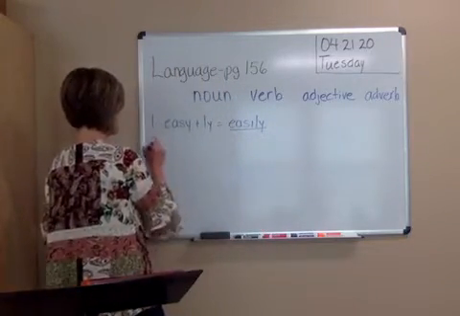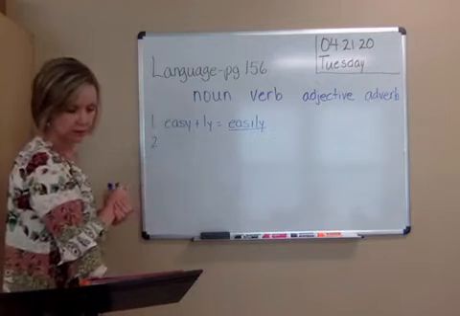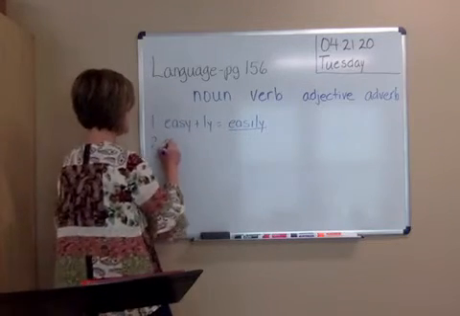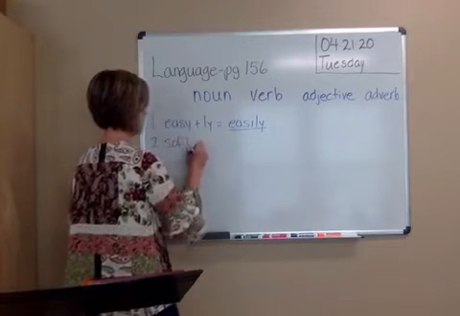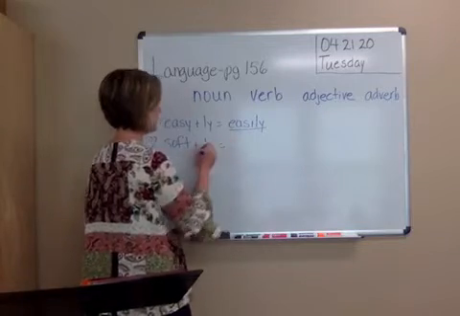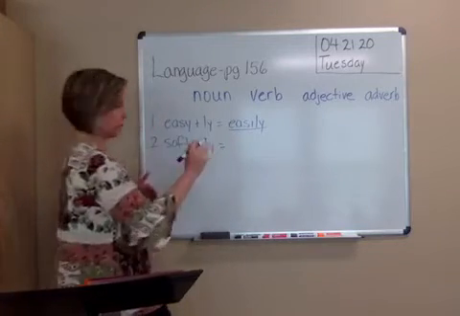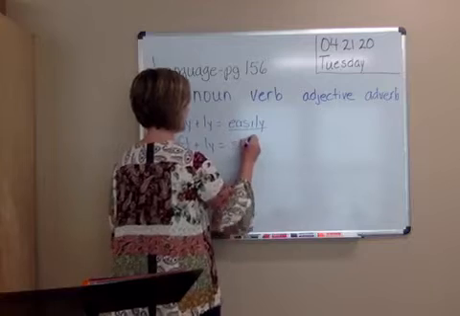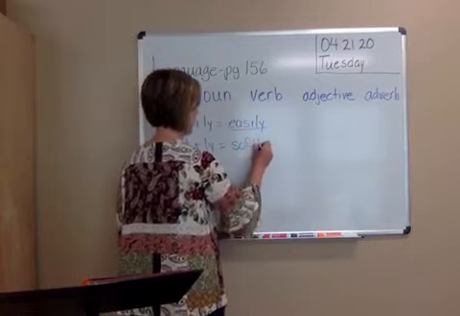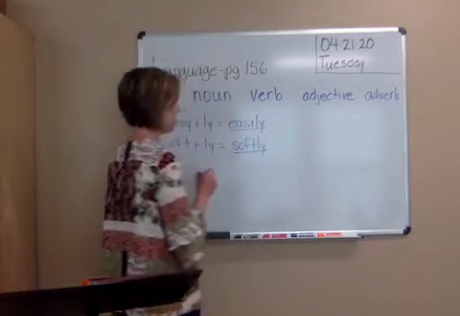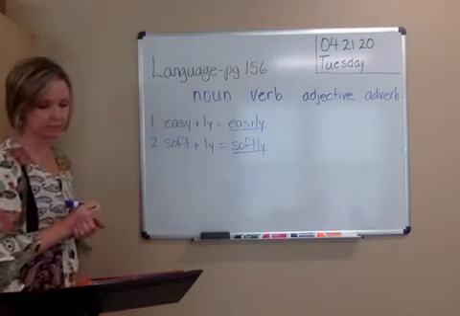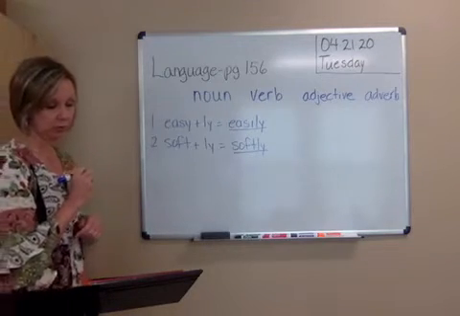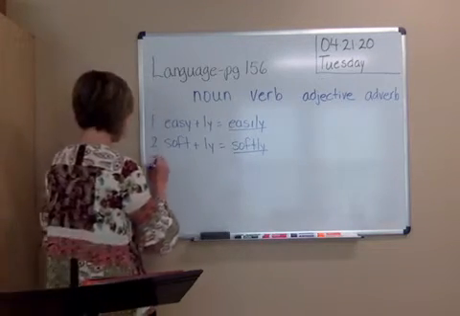All right, let's look at number two. You have soft plus ly. This one's easy. Just straight on through, right? Soft-ly. Root word being soft, and just add your ly. Uh-oh, be careful with number three.